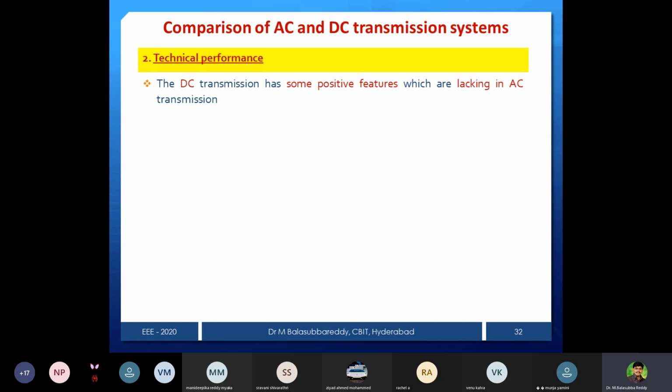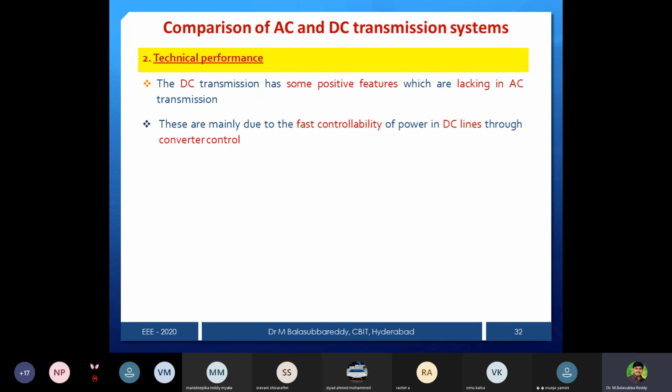When you compare to AC, a lot of positive features are there in DC transmission, mainly due to the fast controllability of power in DC lines through converter control. On the AC side, P is equal to V1 V2 by X into sine delta.